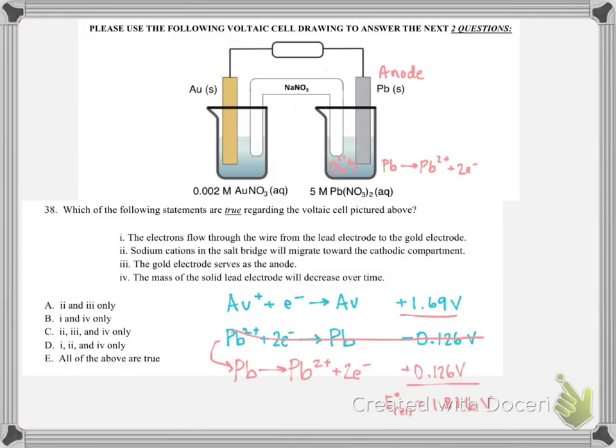And so what happens then is the electrons flow through the wire, and they come down into the gold side. And then the gold ions in the solution pick up those electrons to form the solid gold. Okay, so we'll end up forming some more gold on that electrode.